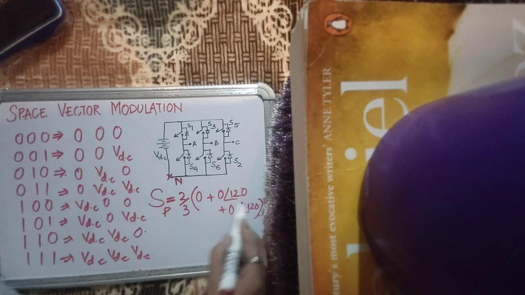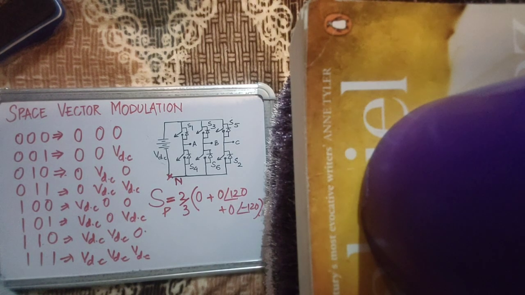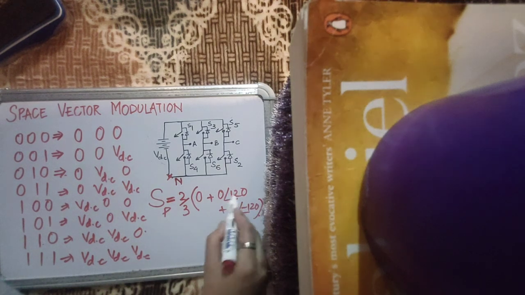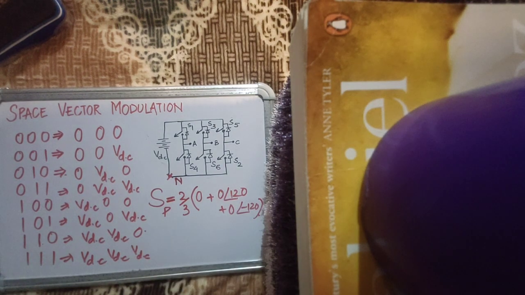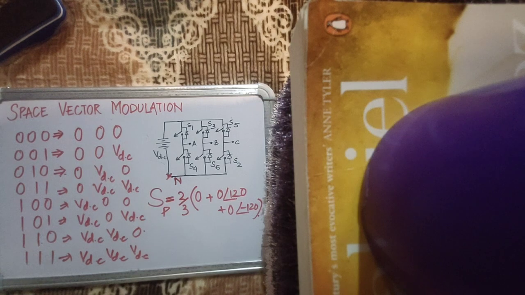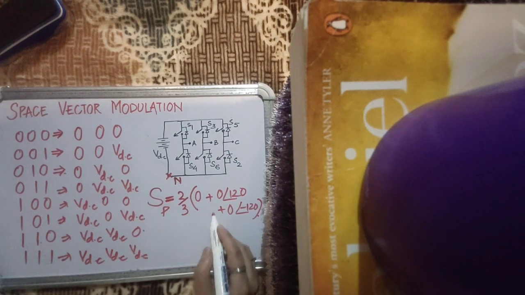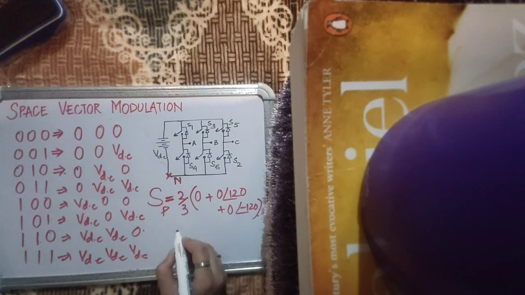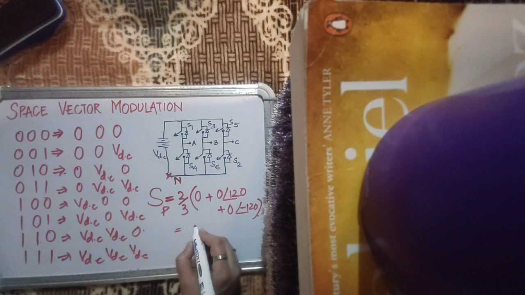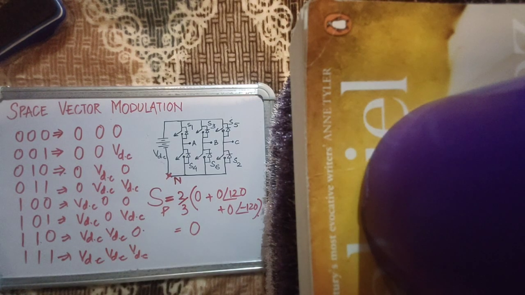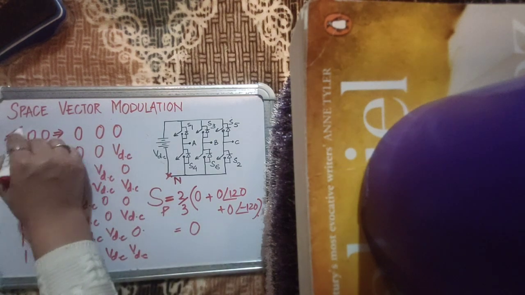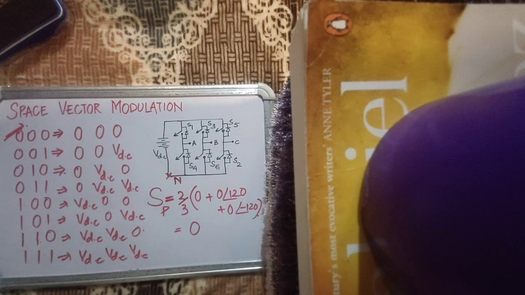These are the spatial factors, the factors of angular displacement in terms of space that we have forcibly put into the equation to get a space phasor. So when you look at this, what do you get? 0. So the space phasor is at 0 for this state, right? Then let's compute for the other state 0, 0, 1.